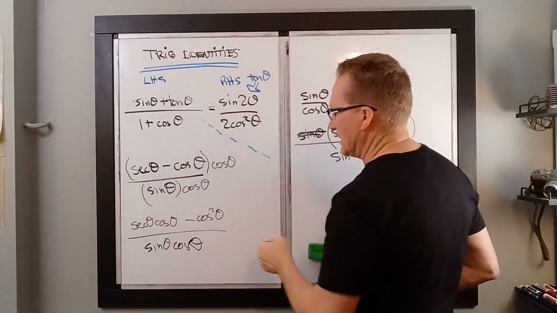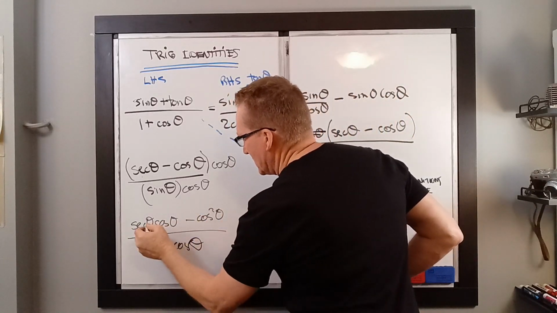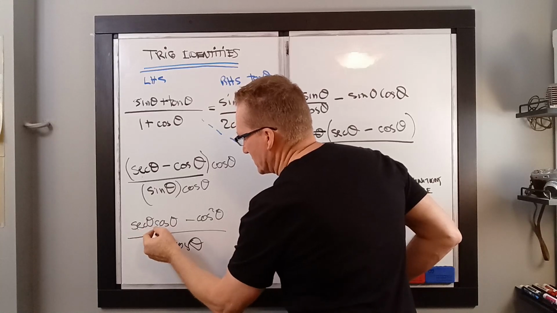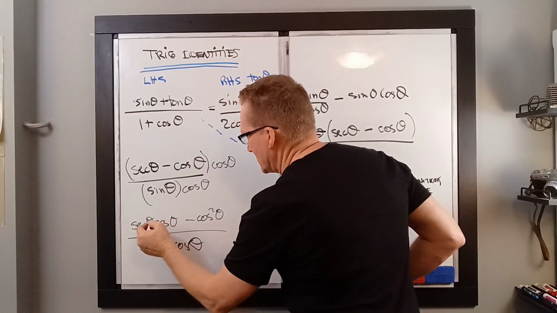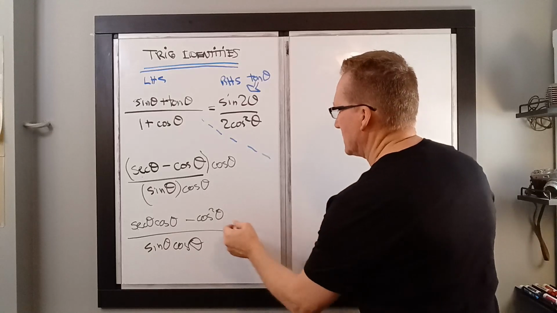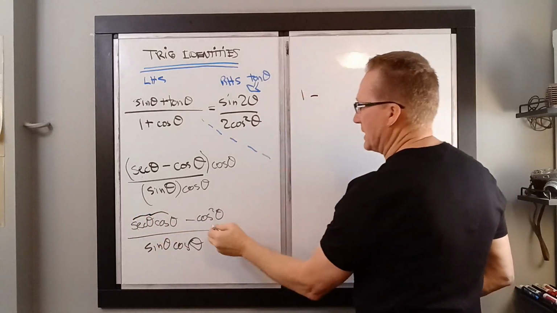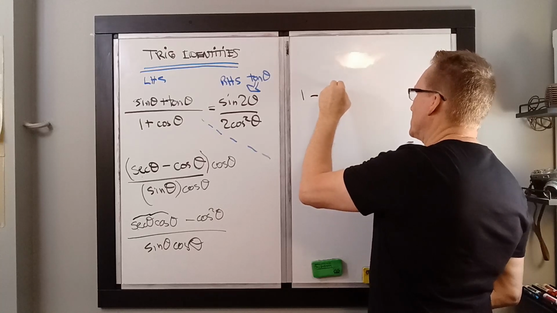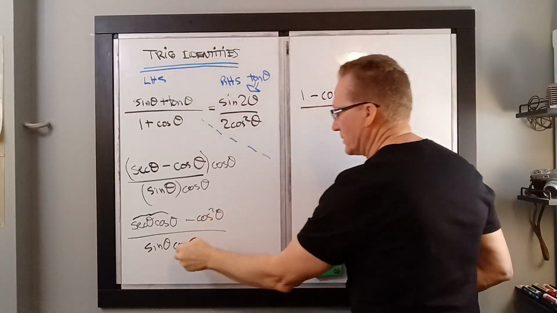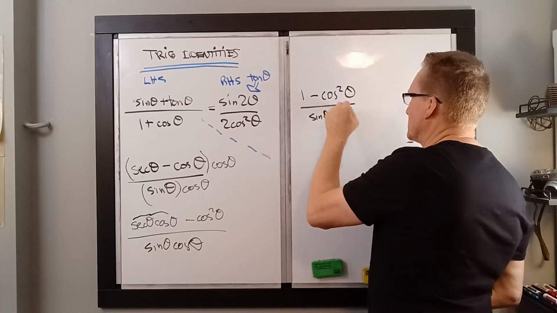They're getting a little messy. So if you happen to know, secant means 1 over cosine. So this is 1 over cosine times cosine, or 1. So all of this is 1. So that's 1 minus cosine squared theta, all over sine theta cos theta.